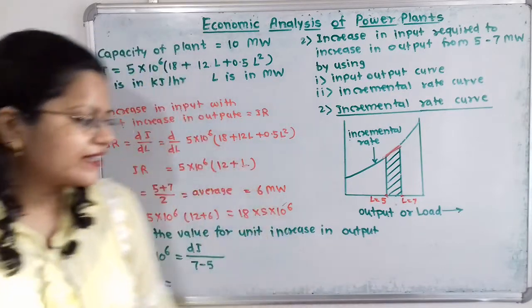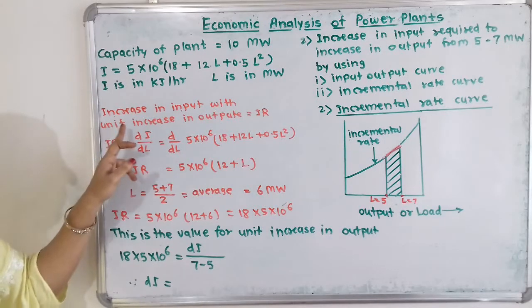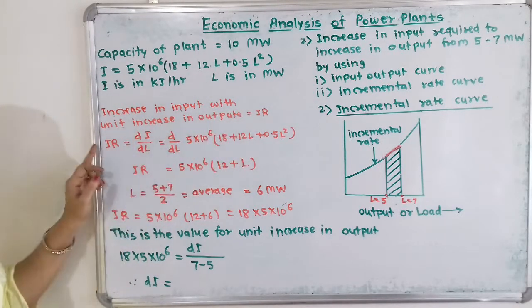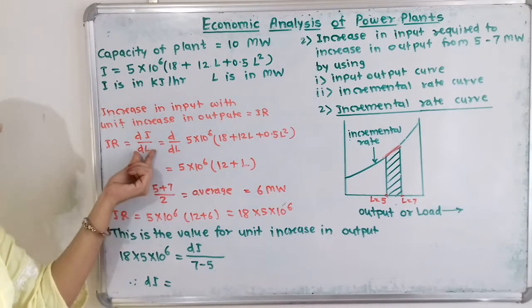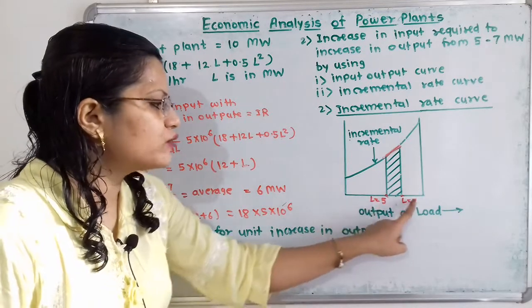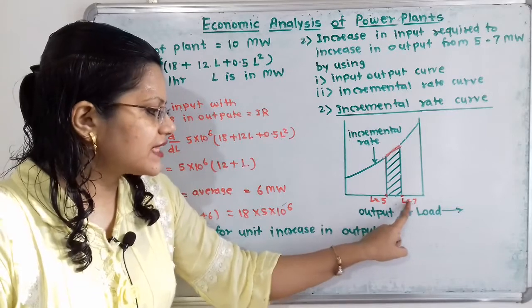This calculated value of IR, as per the definition, is the value for unit increase in output. So here is the formula, IR is equal to DI by DL. What is the value of DL? The load varies from 5 to 7, so we take the difference, that is 7 minus 5.